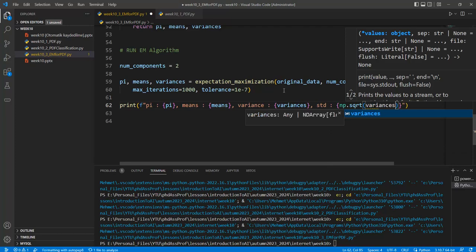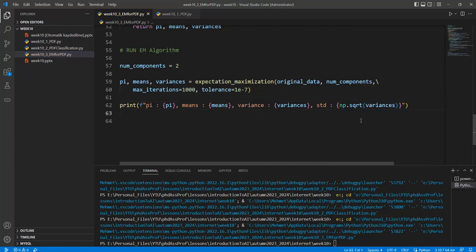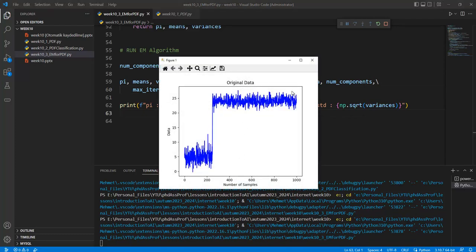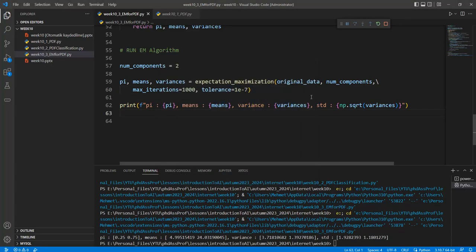Okay, so if I run this code, pi 0.75, right? Means 5 12, variance 3.71 3, and STD 1.91 1.